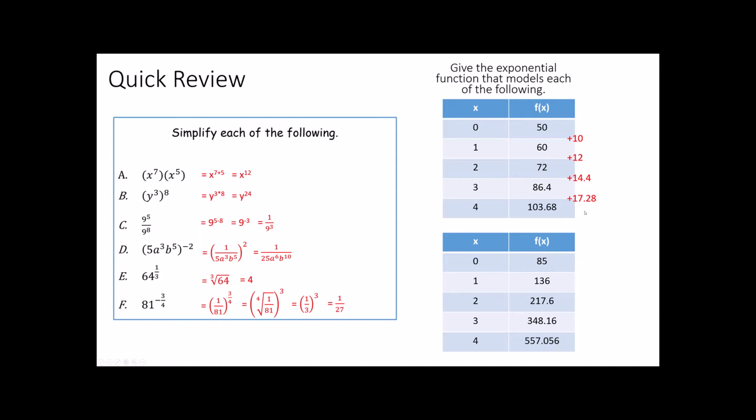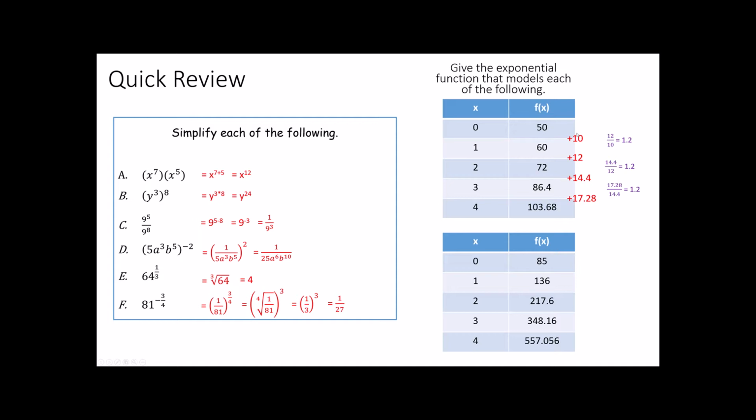Because of that, I want to find out if it is growing by a constant factor. So I take my 12, divide it by my 10, and I come up with 1.2. I take my 14.4 and divide by my 12, and I come up with 1.2. And I take my 17.28 divided by the 14.4, and it comes up as 1.2.